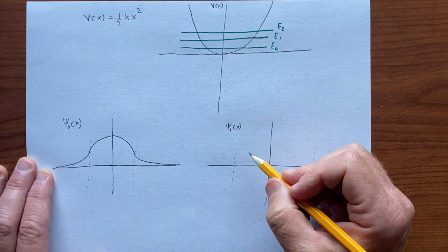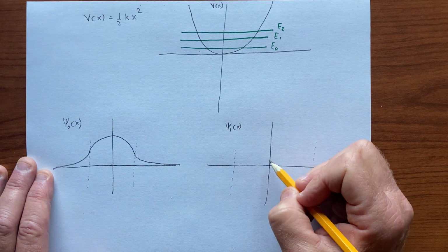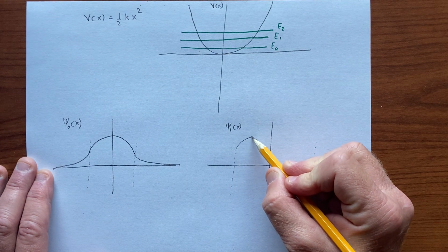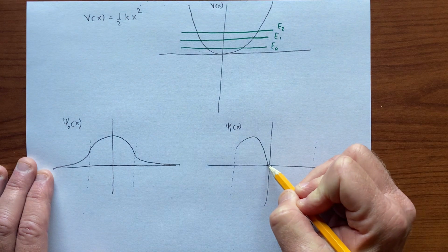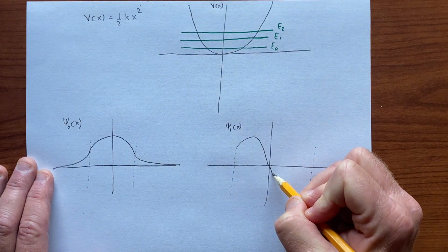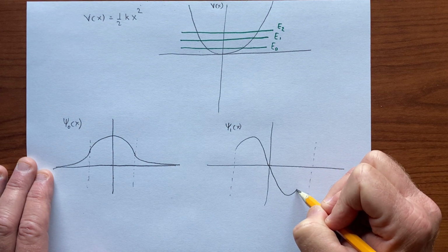We have the symmetry of the potential, and so the solutions are alternately even and odd. And so we're still bending toward the axis here. And we have to come through 0.